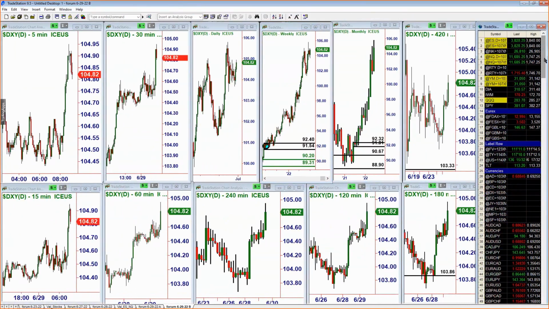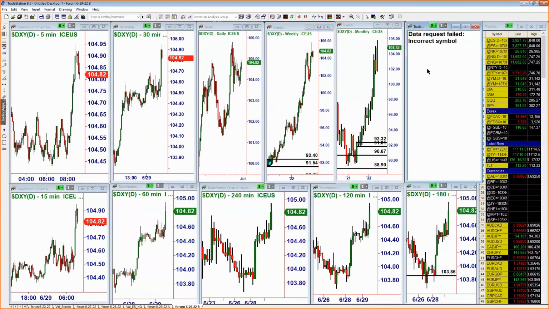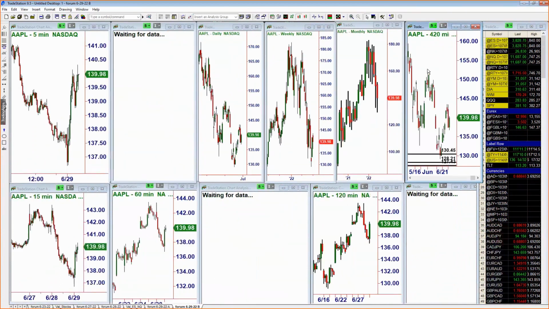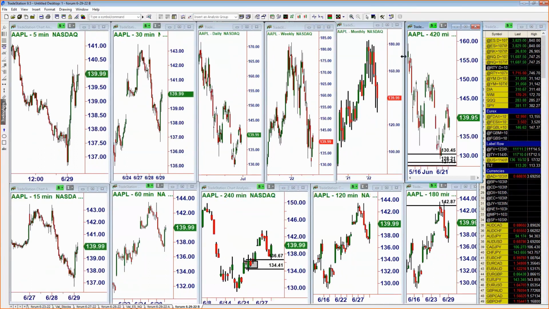So let's keep going. And again, why don't we look at a stock, we haven't looked at a stock. How about Apple? Why look at Apple? Well, it's about 6% of the S&P and a pretty big chunk of the NASDAQ as well.